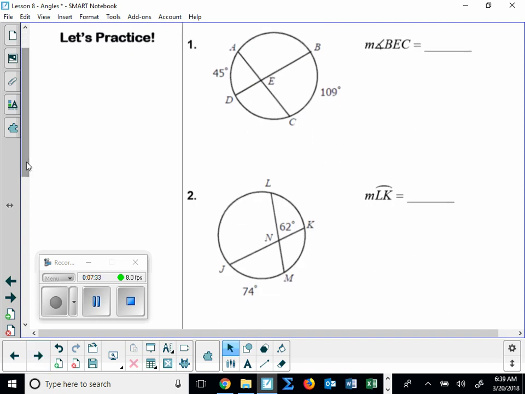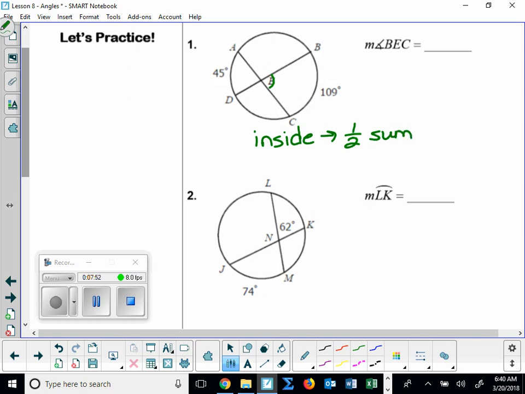Alrighty. Let's see. My angle, BEC, is on the inside. So I know inside means half the sum.